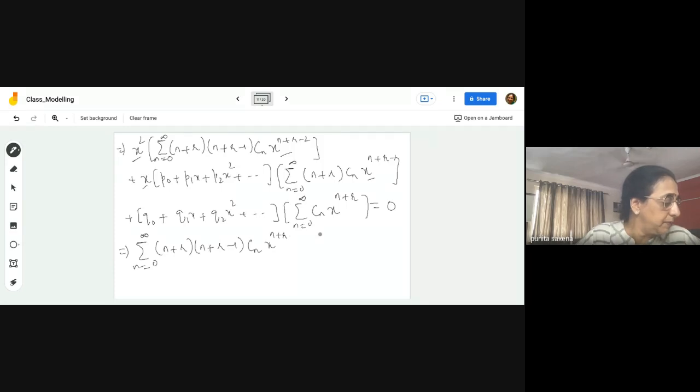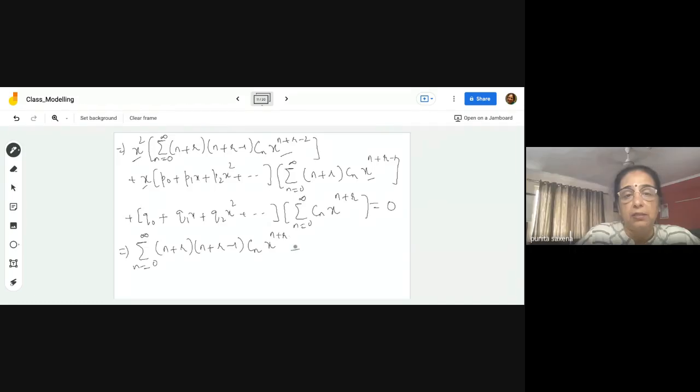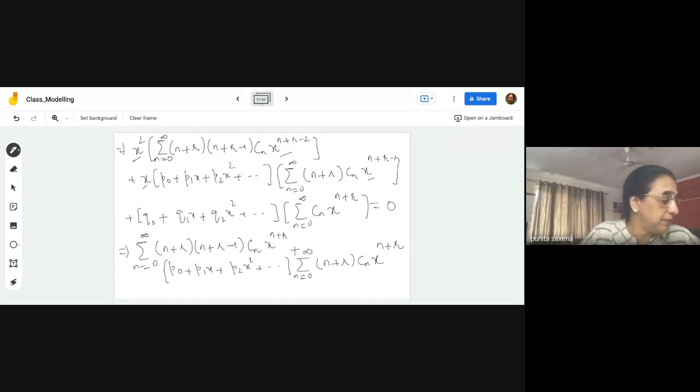Plus, now see, this has become a little cumbersome, p naught plus p1x plus p2x square and so on into summation n plus r cn x to the power n plus r, n from 0 to infinity.